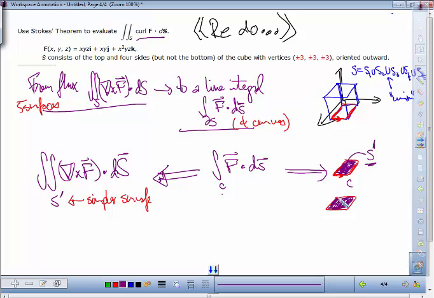So is it going up or down? Right hand rule, right? We got the orientation for the curve itself. So if you use your right hand rule and follow that around, our orientation will be going up. Okay, so we'll parameterize this and we'll see if it'll work out.